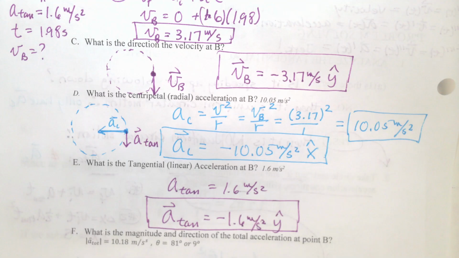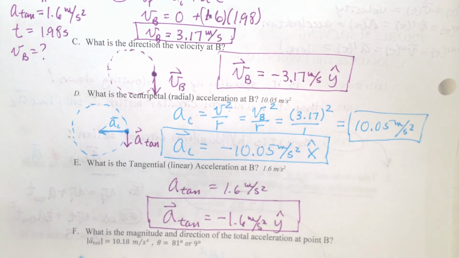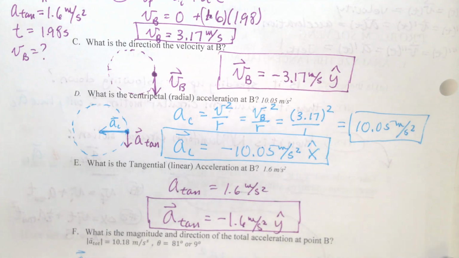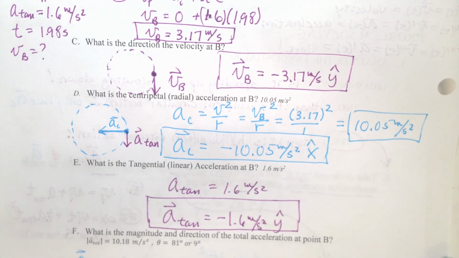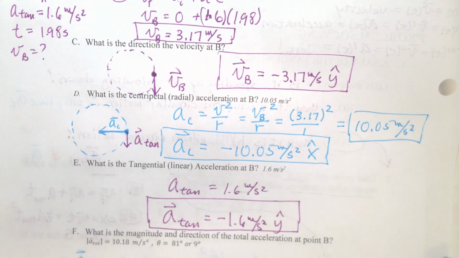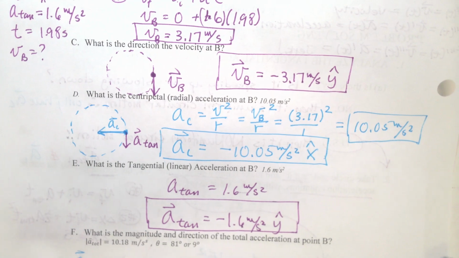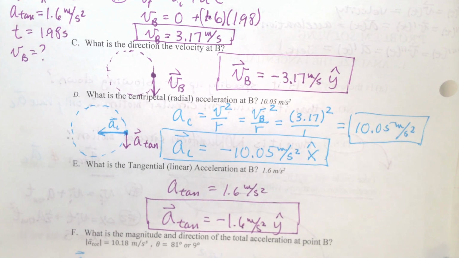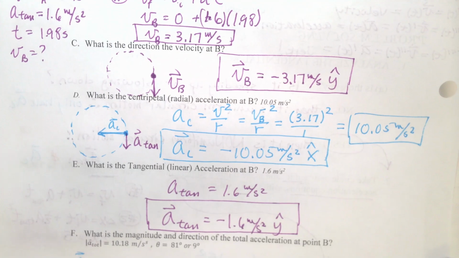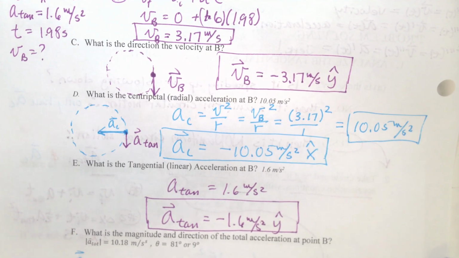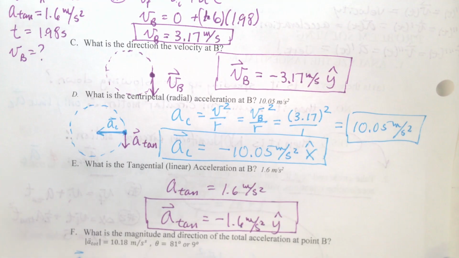Therefore, what is the magnitude and direction for the total acceleration? So here's my AC. Here's my A tangential. I'm adding them up, right? I could have done A tangential plus AC, same thing. And here is my A total. This angle is my reference angle beta.